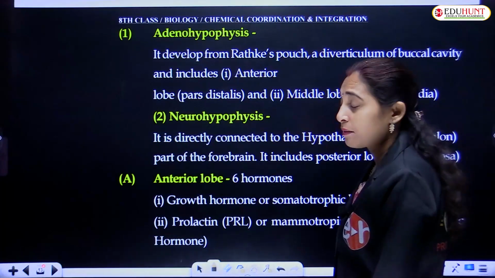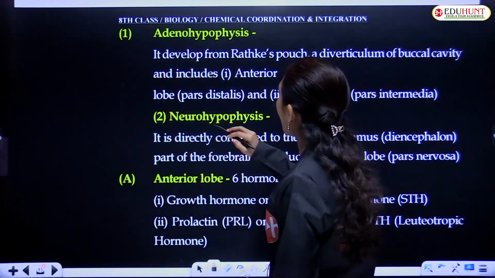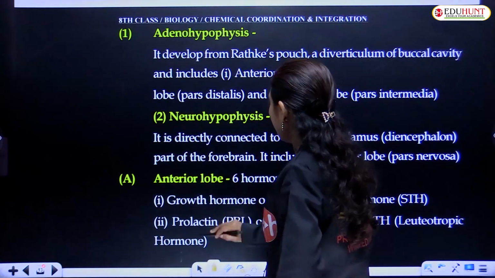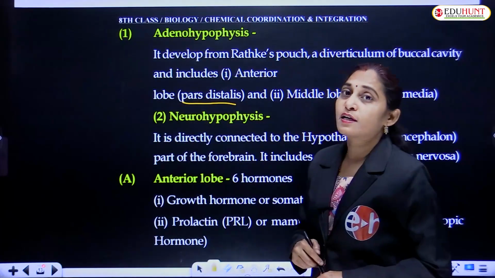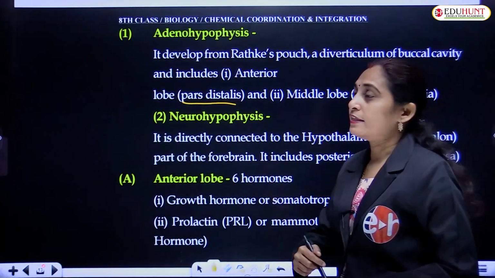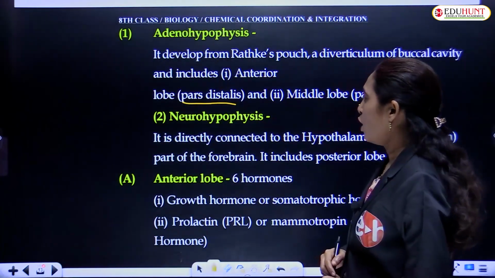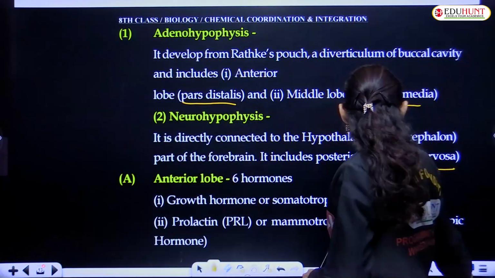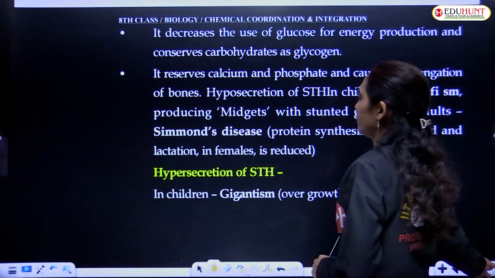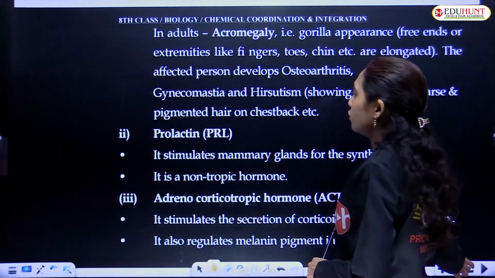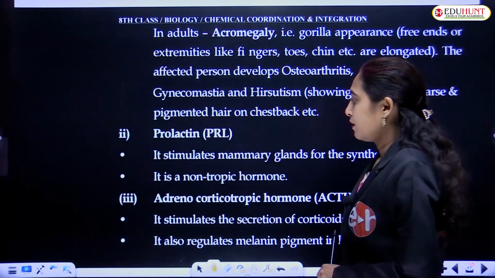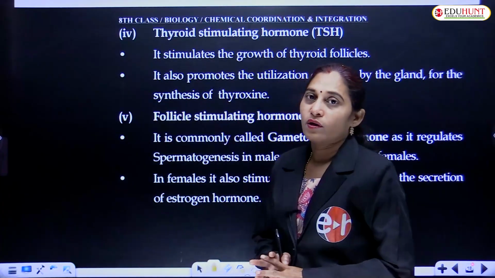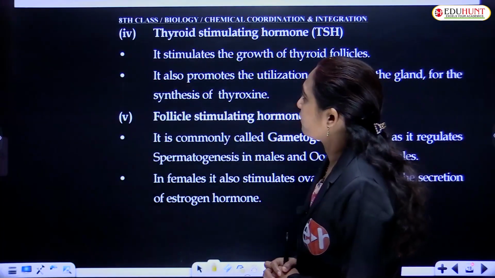Adenohypophysis is the anterior part, which has the anterior lobe called the pars distalis and the middle lobe called the pars intermedia. And the posterior lobe is called pars nervosa. Growth hormone, prolactin and adrenocorticotropic hormone were described in the previous session.